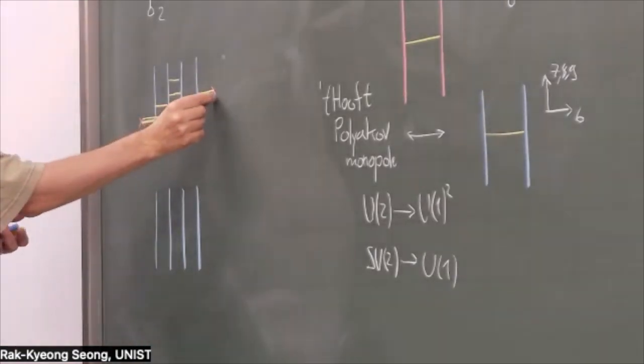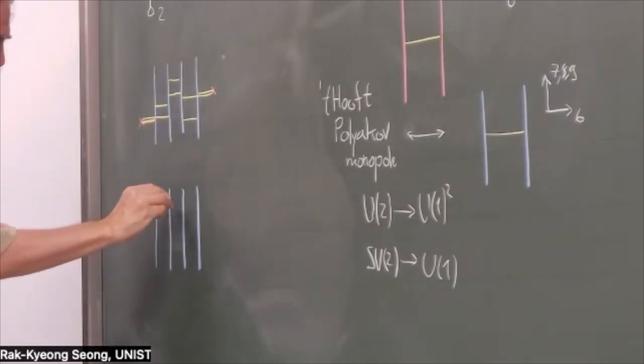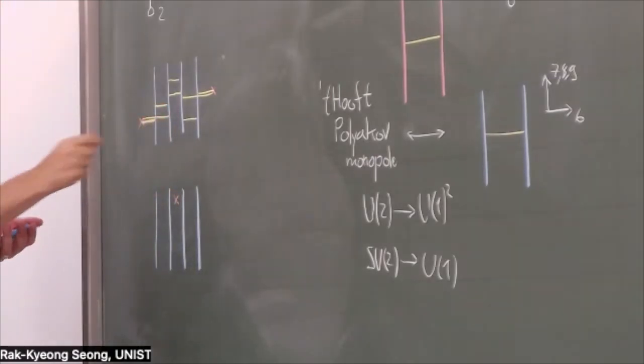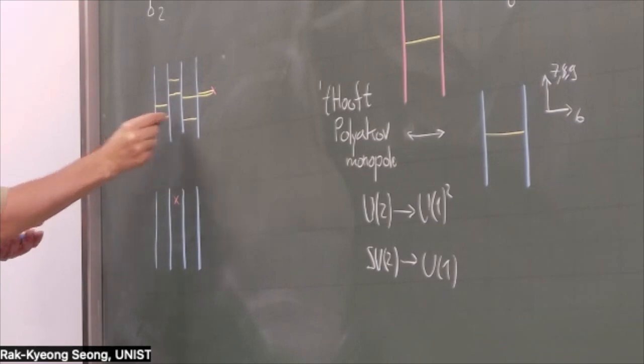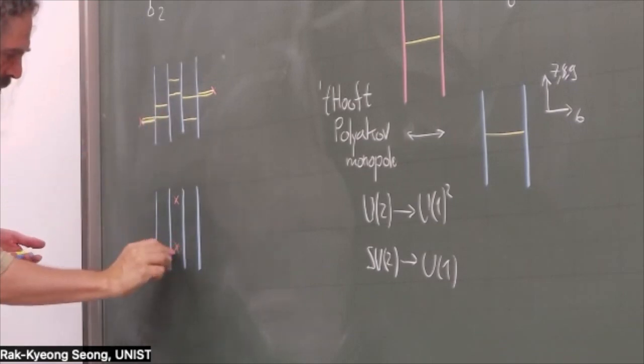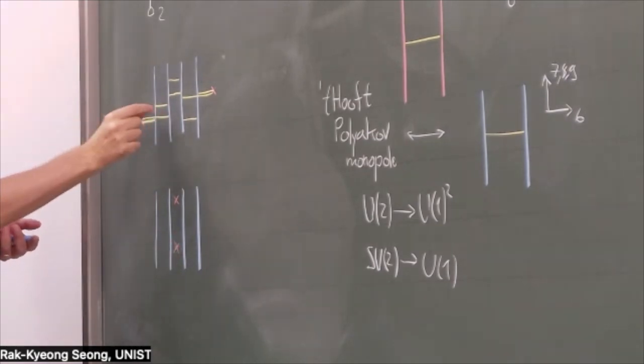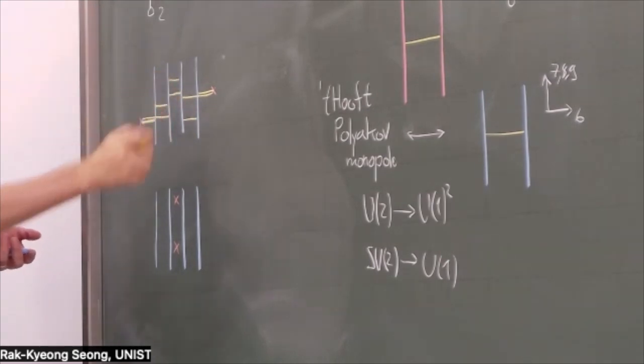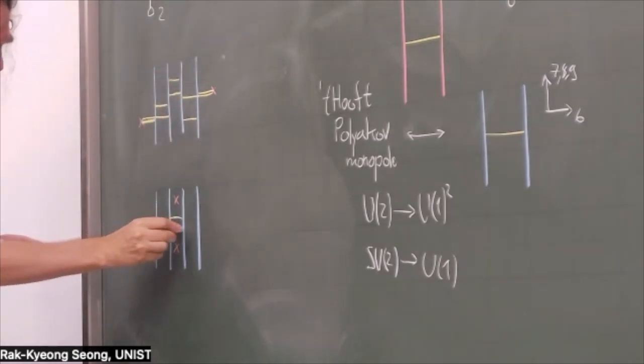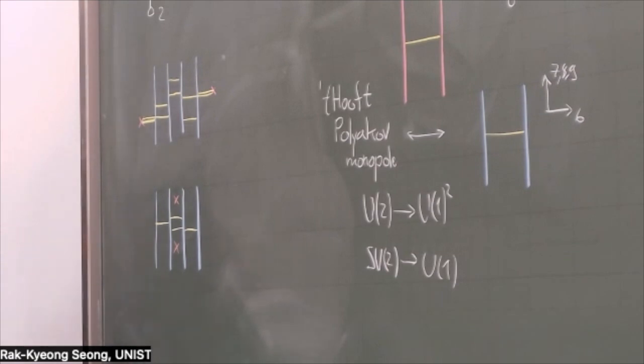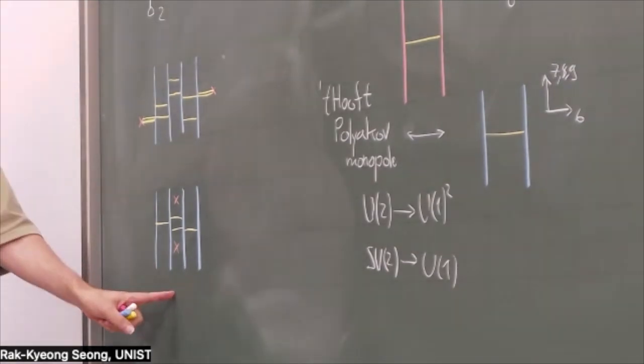So the right one moves twice, it ends up here. The left one moves twice, ends up in the same place. And I'm left with these segments which are free to move: 1, 2, and 1. This is the final configuration.